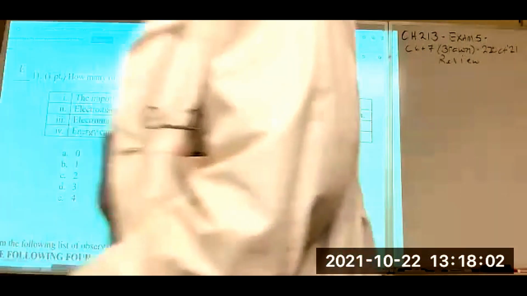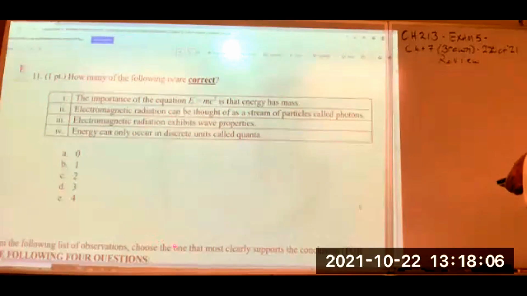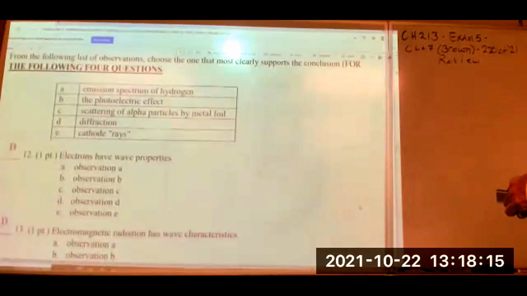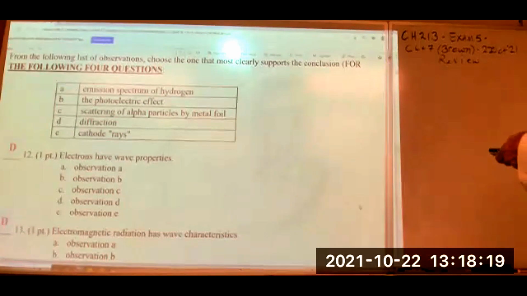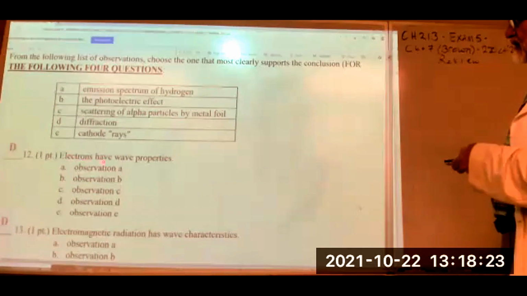12, 13, 14. Let's see, the following list of observations, choose the one that most clearly supports the conclusion in the following 4 questions. Okay. So electrons have wave properties.